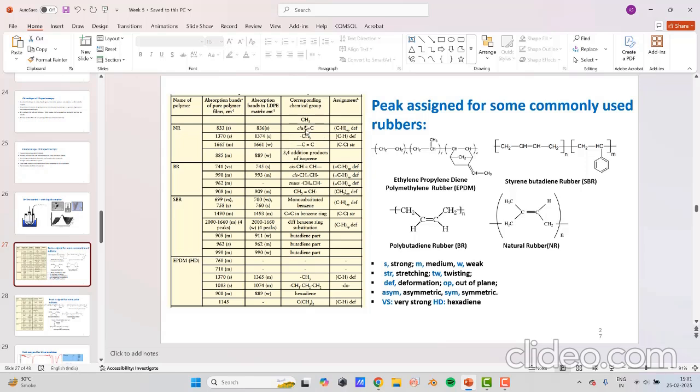You will easily be able to find them online, and in my research also, if I want to check a characteristic peak, I always refer to standard books and standard tables. So this does not need to be remembered, but we should know very basic things, like stretching will come at higher frequency and bending will come at lower frequency. Those fundamentals just need to be remembered, not everything.